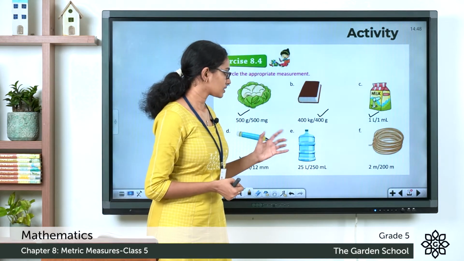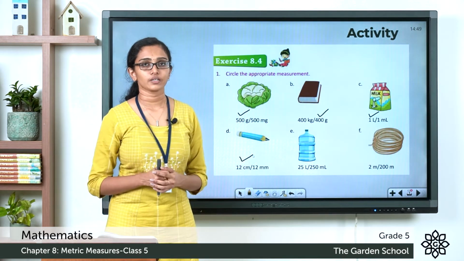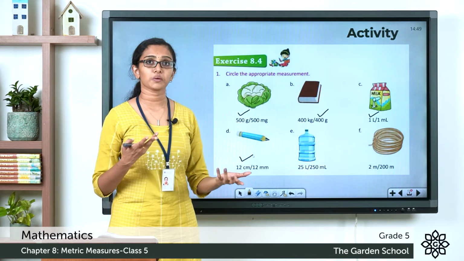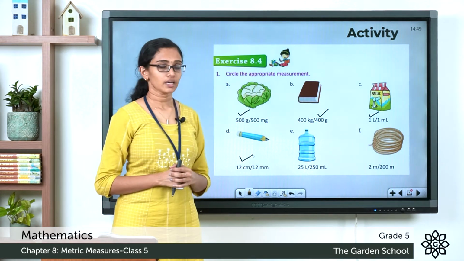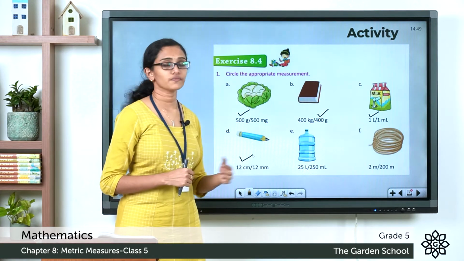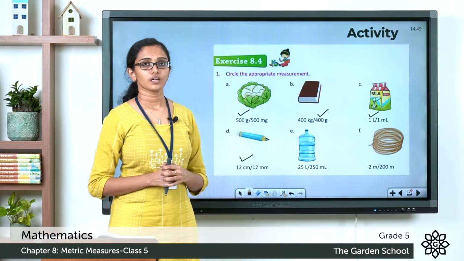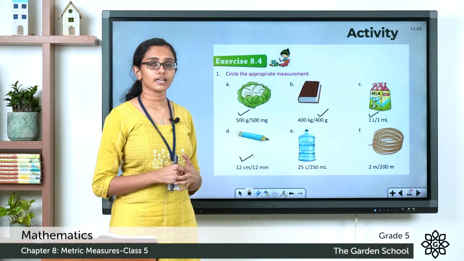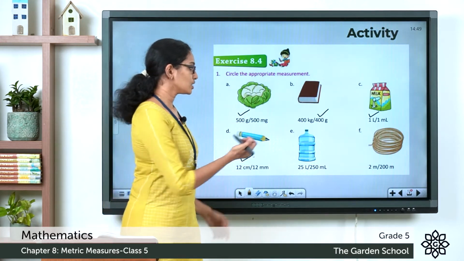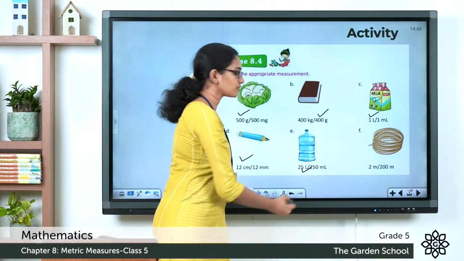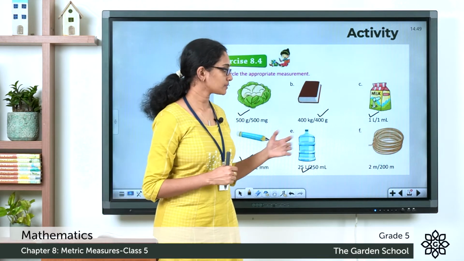Now, question E, you can see the picture of a water can. You all have seen water cans. You might have drunk water from a water can. Now, the capacities given there are 25 liters and 250 milliliters. How much water do you think a water can may contain? It may contain 25 liters of water. Now, you can see the next one.